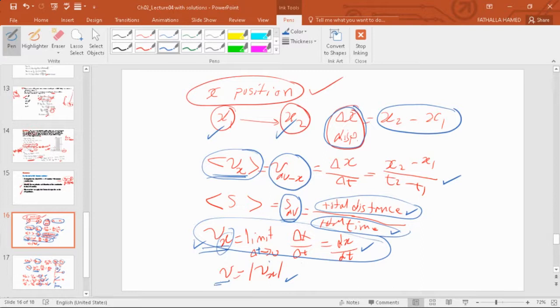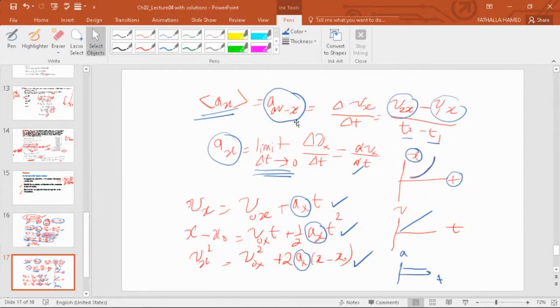Then we said that your speed should equal the absolute value of the velocity. That's why we're not having x here. Speed is a magnitude, does not have components, but it is the absolute value in this case for the Vx. Now in chapter number 3, we will talk about x component, y component, and z component. So that's what we did in the first lecture.